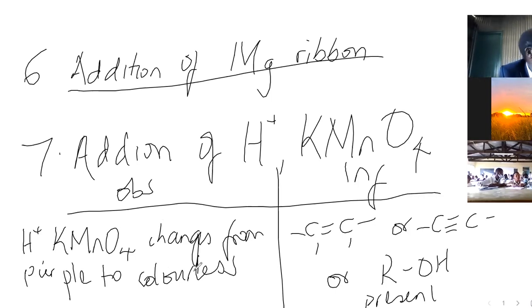The negative of that test is purple potassium manganate 7 remains purple. Potassium manganate 7 retains its purple color. And the inference would be those three are absent. You can also say purple potassium manganate 7 does not change to colorless.